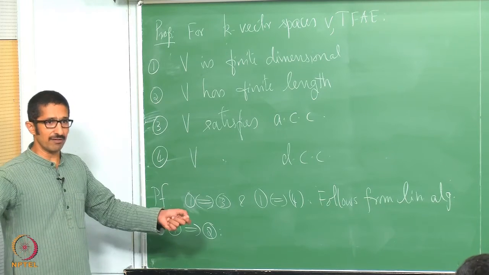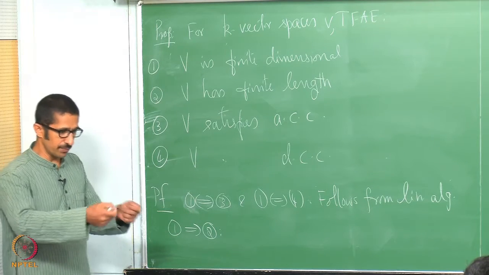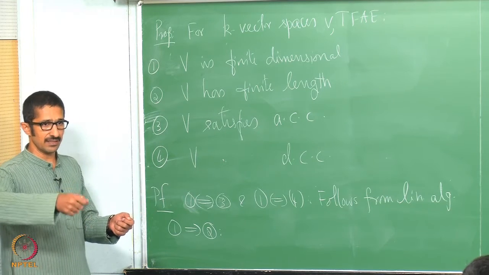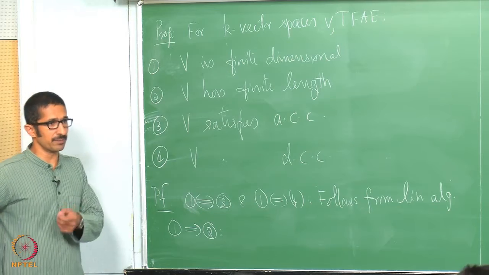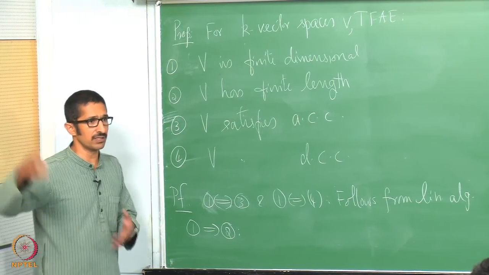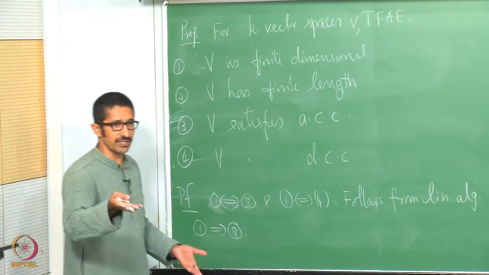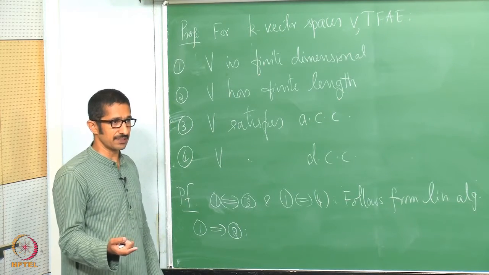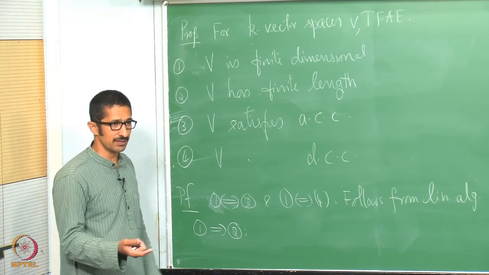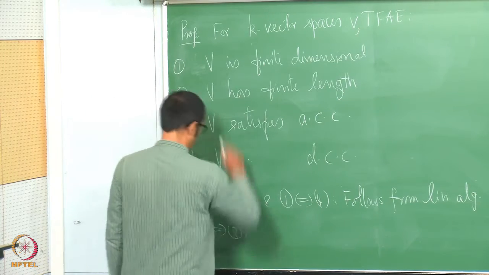Then you can have a composition series: the span of V1 up to Vn contains the span of V1 up to Vn minus 1, containing V1 up to Vn minus 2, and so on up to V1 and then 0. Each quotient will be isomorphic to K, a one dimensional vector space. Therefore, it will be simple. So, therefore, 1 implies 2.